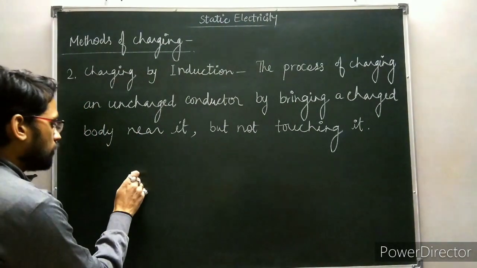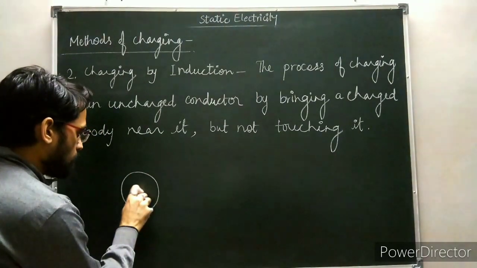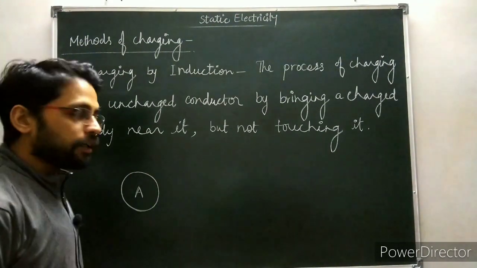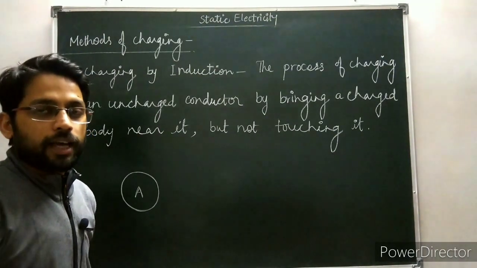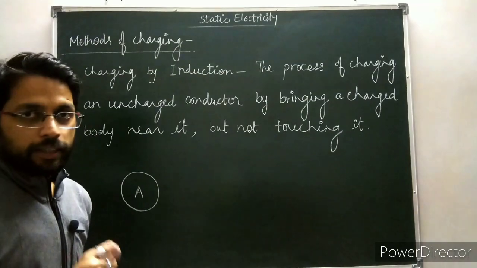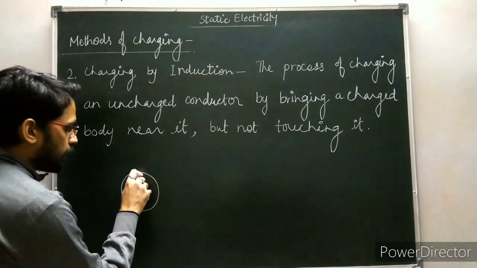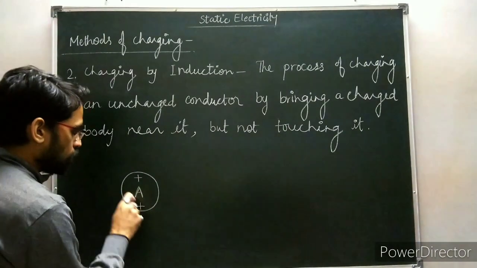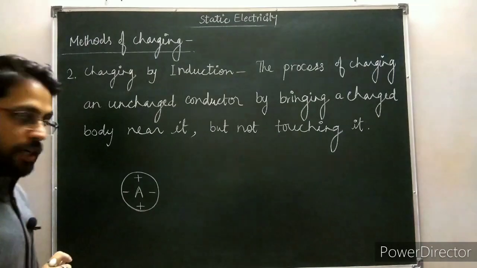Imagine you have an uncharged conductor A. Uncharged conductor means neutral conductor, and a neutral conductor has an equal number of positive and negative charges. So consider it has two positive and two negative charges.